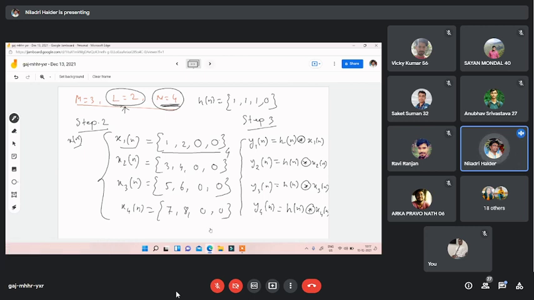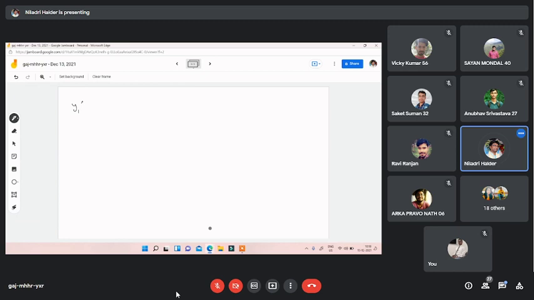So for this case, what will be the value of y1n? Your hn is 1 1 1 0. If we write that hn in the matrix format, we will do the matrix multiplication for convolution as we have checked.